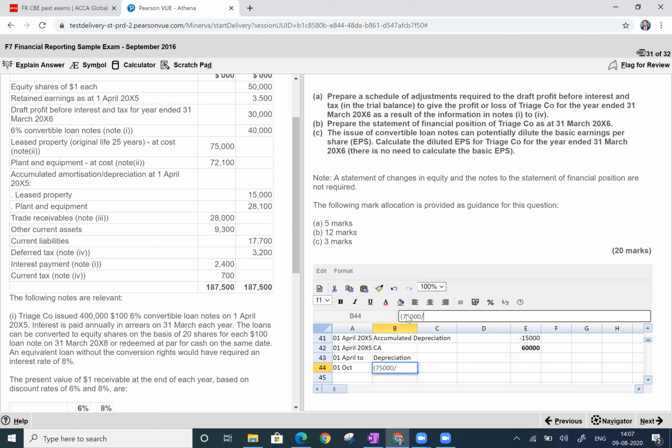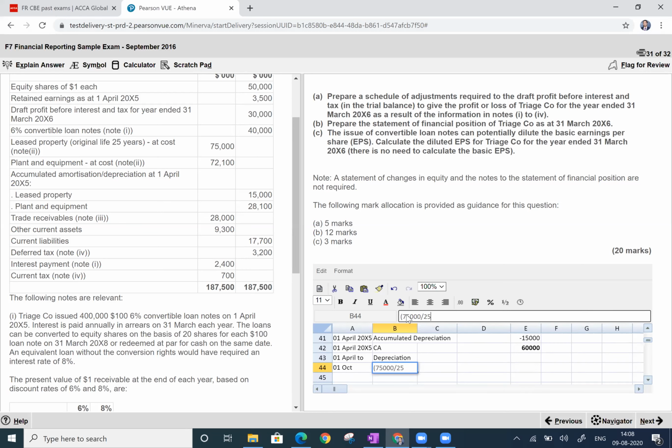So 75,000 divided by 25. No need to take 20. A student has stated that I have to divide by 20. Why? Because that student might have calculated the remaining useful life. What you have to remember is that we are not finding depreciation after the year end. We are finding depreciation before revaluation.